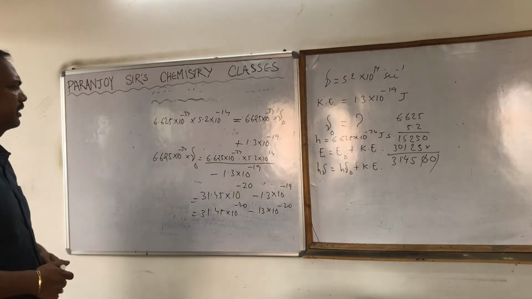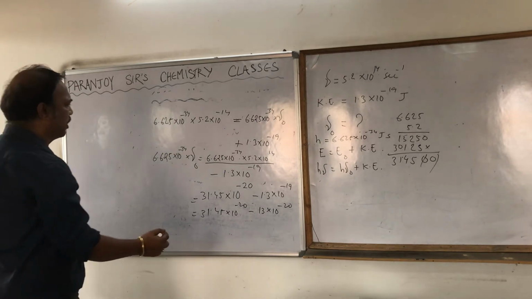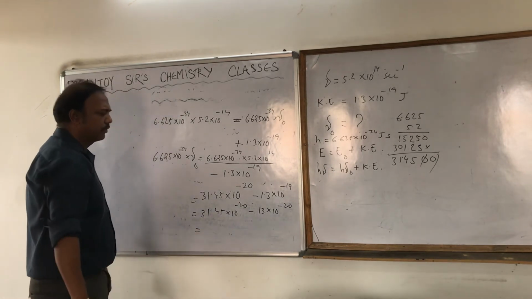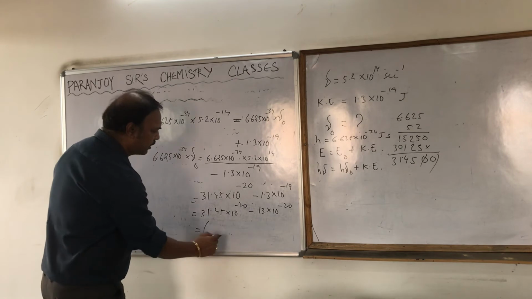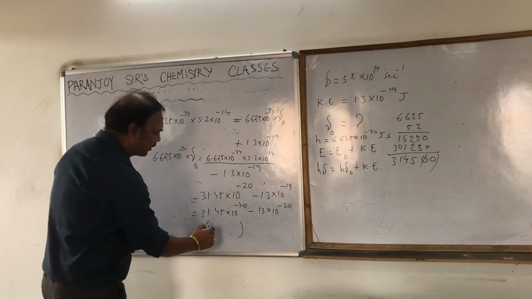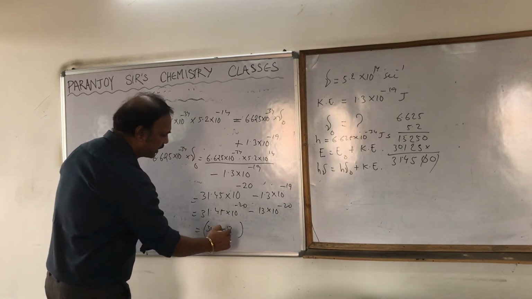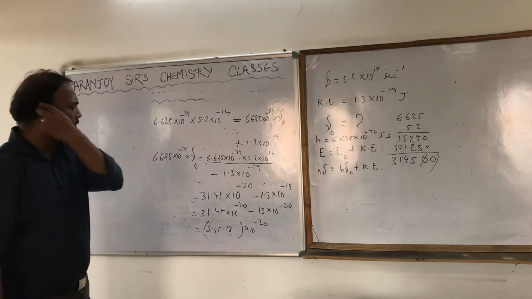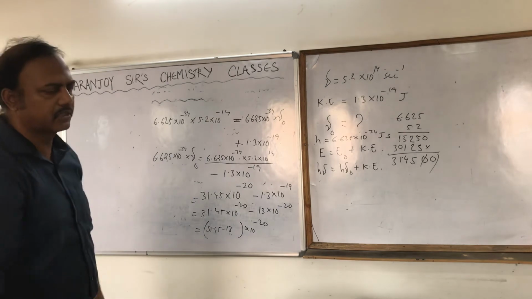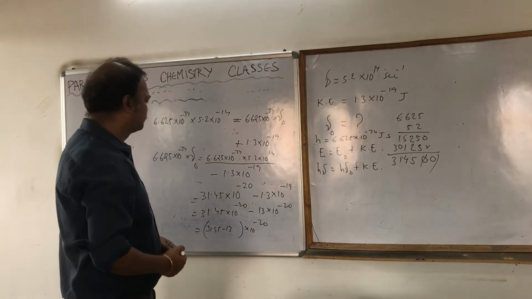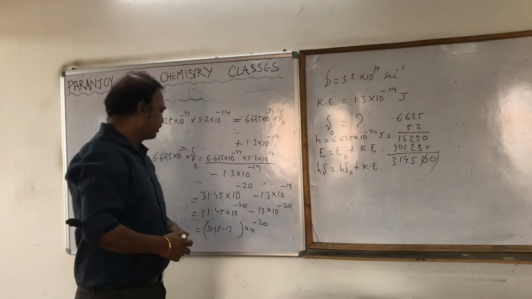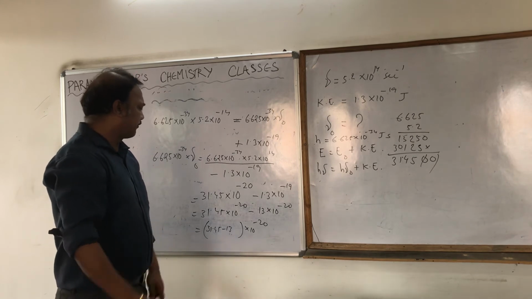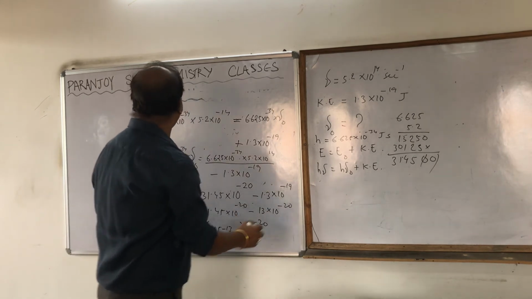Now we just calculate how much is coming. 31.45 is common, so 31.45 minus 13 into 10 to the power minus 20 is equal to how much? You just calculate it. It is 18.45. Coming too?